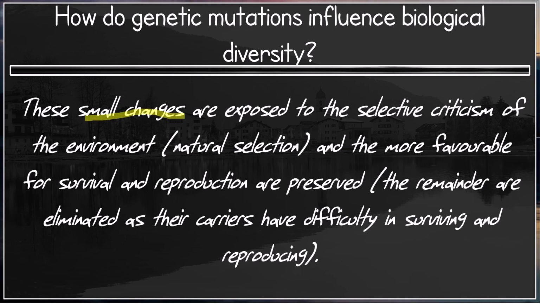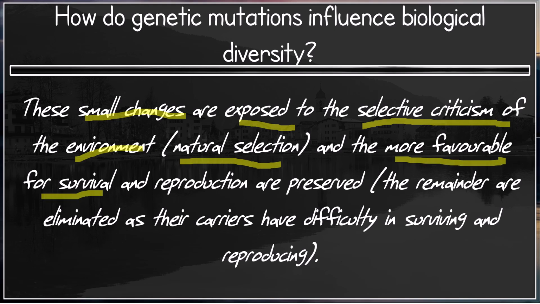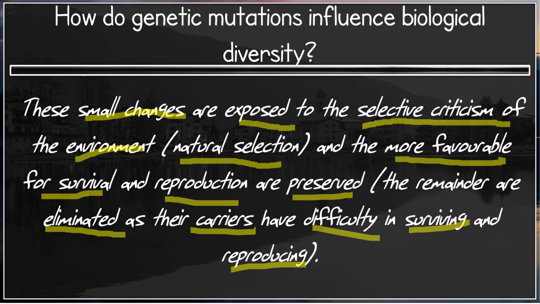These small changes are exposed to the selective criticism of the environment, that is, natural selection, and the more favorable for survival and reproduction are preserved. The remainder are eliminated as their carriers have difficulty in surviving and reproducing.